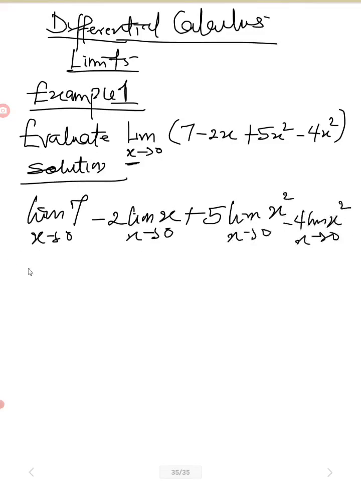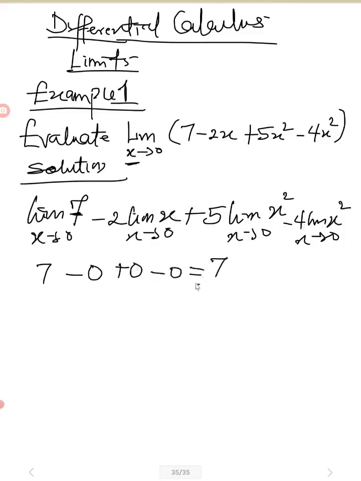You'll be putting it in one by one. At the limit where there is a constant like this 7, it will also give you 7. It will be 7, minus 2 times 0, x squared is 0, plus 0, this also minus 0, so everything is equal to 7.